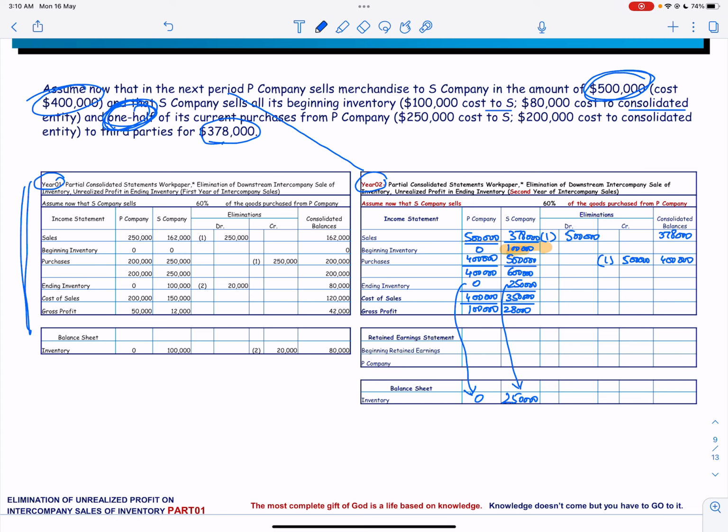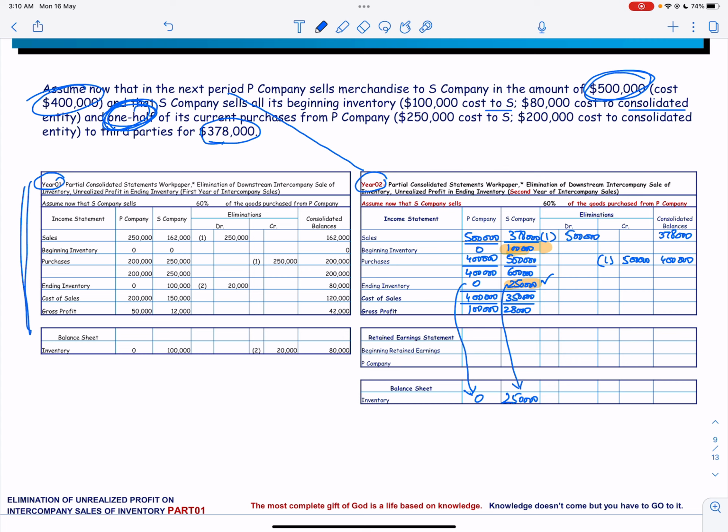But first of all, let us look into the elimination entry for unrealized profit in ending inventory. We have an ending inventory of 250,000. Since S company sells only 50% of its current purchases to third parties, there is ending inventory of 250,000, and it includes intercompany profit.